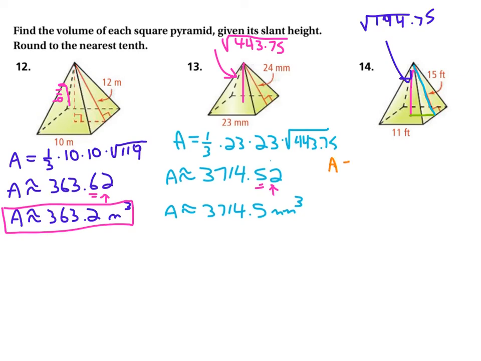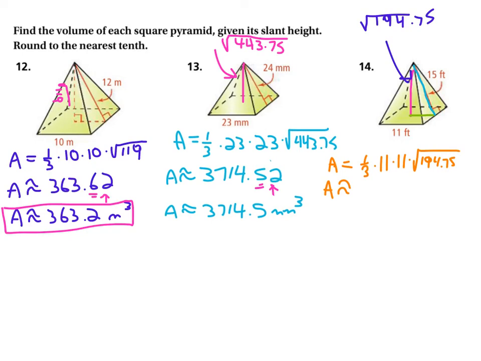Okay, so let's write it out and say, okay, then we've got the volume is equal to 1/3 of the length, 11, times the width, 11, times the height, which is the square root of 194.75. Okay, sorry for cramming it in like that, but if we type it out on the calculator, that's approximately equal to what?